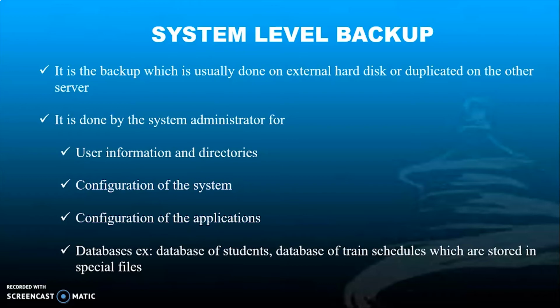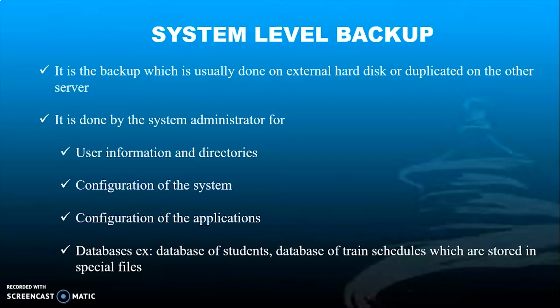Children, have you all understood? So backup we have categorized into two types. One is the user level. In user level, the user can copy his important files or documents either in the pen drive, or in the internet storage server. The system level backup is done by the system administrator.